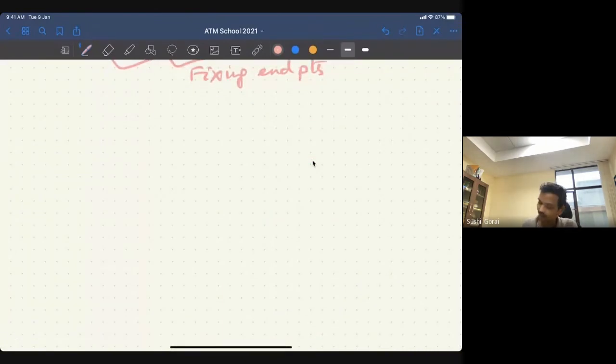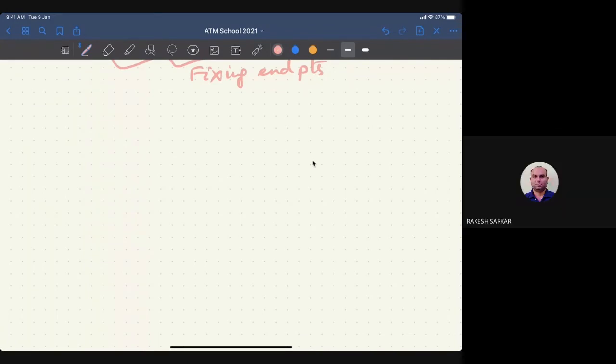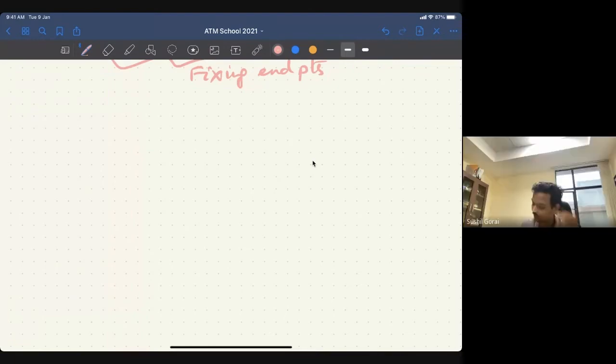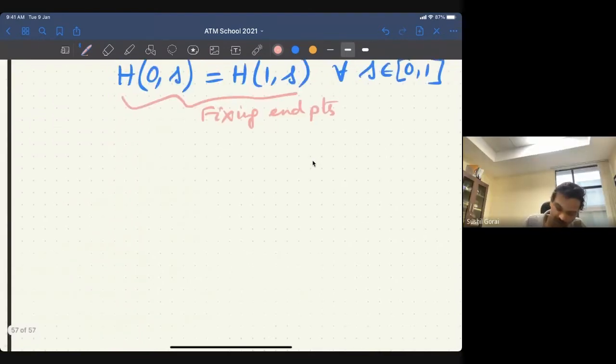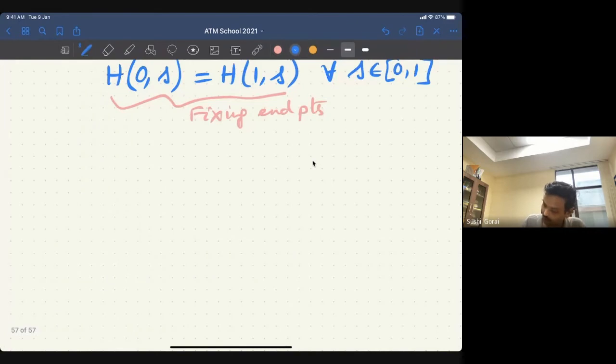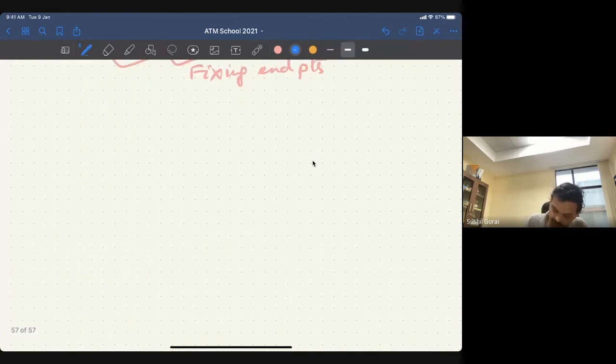All right. So is the definition clear? Definition of homotopy? Yes, sir. Okay, for example, let me give one example at least. So suppose omega is something like this.